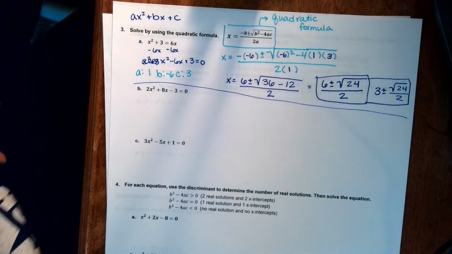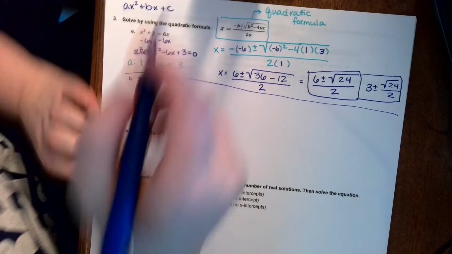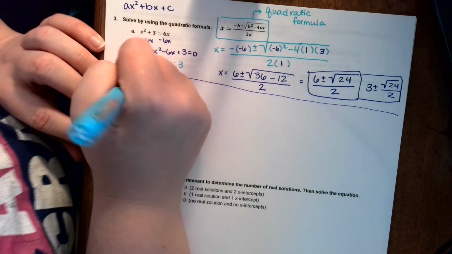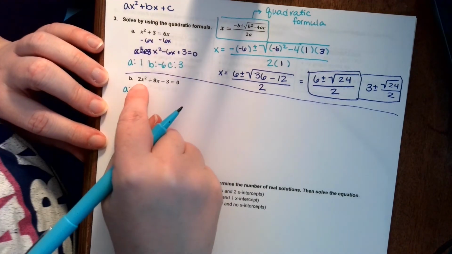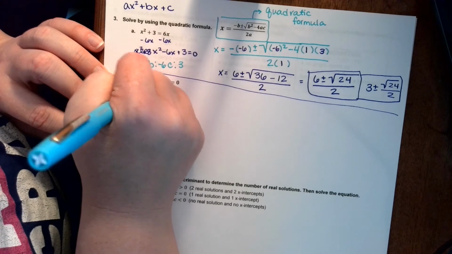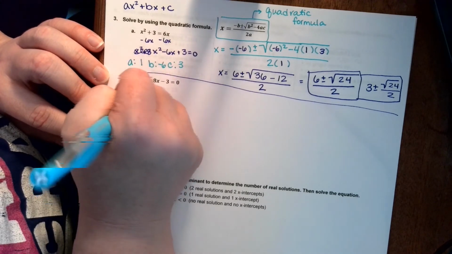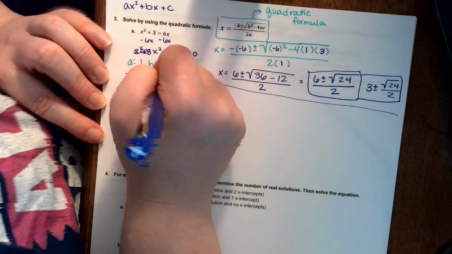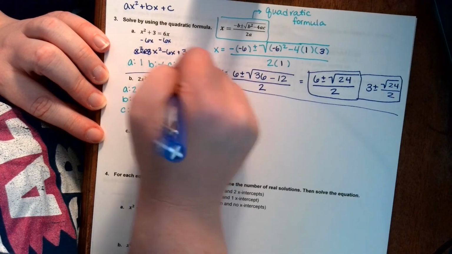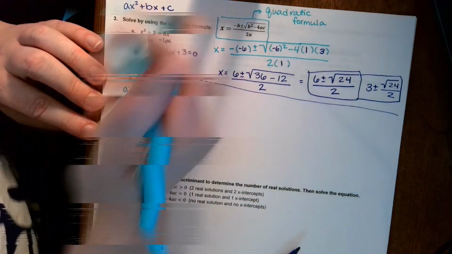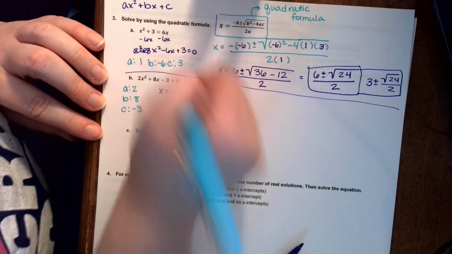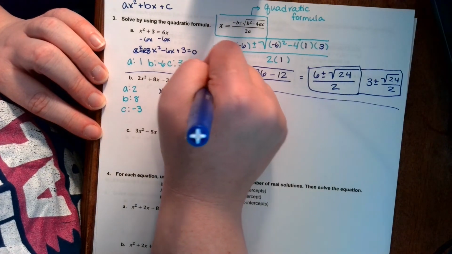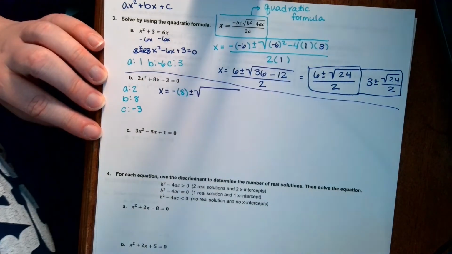Okay, so I'm going to draw a line because it's kind of bleeding into territory. This is already in standard form. So a is 2, b is 8, c is negative 3. And then I'm just going to plug into the quadratic formula. So x equals negative b, so b is 8, plus or minus the square root of b squared.